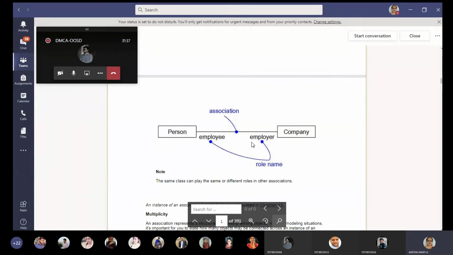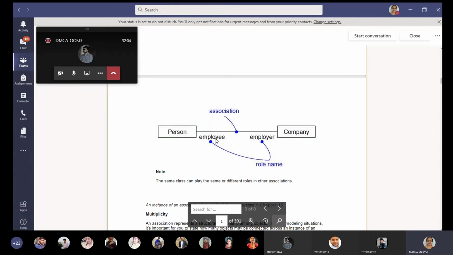So maybe the relationship is just like ER, so you might think of it in the same way. All these are very much familiar to you, but made very specific to UML language and graphical representation. So a person is an employee who works for a company, and the company gives employment to a person.